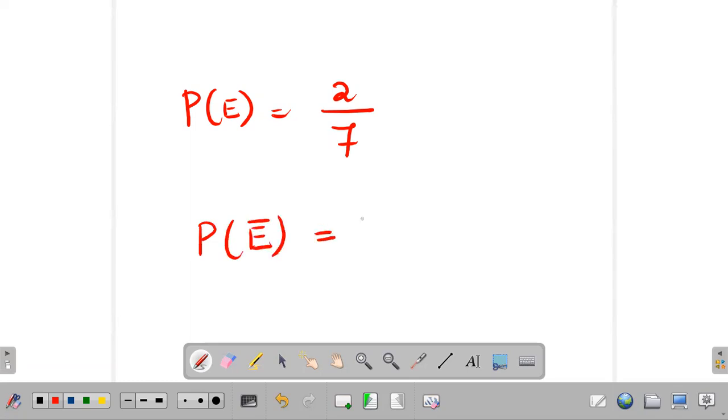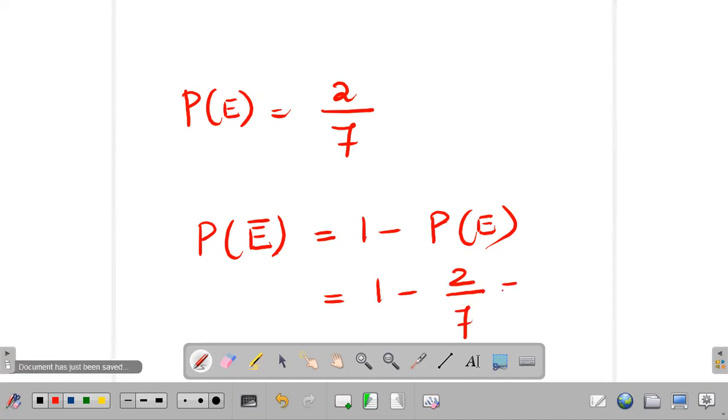P of E bar is 1 minus P of E, which is 1 minus 2 divided by 7, and that is equal to 5 divided by 7. Okay, so make a note of that. The probability that the event E happens is 2 by 7, so E does not happen is 1 minus P of E, 1 minus 2 by 7, which is 5 by 7. Is it fine with you?